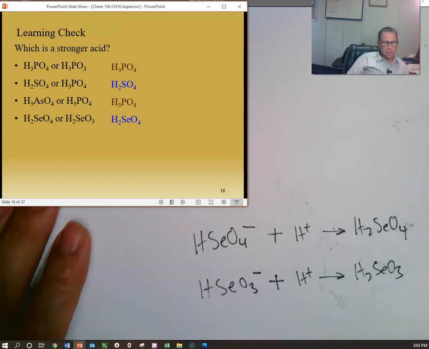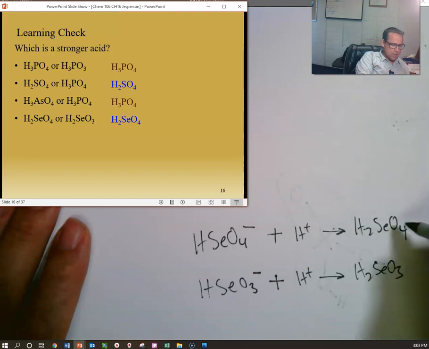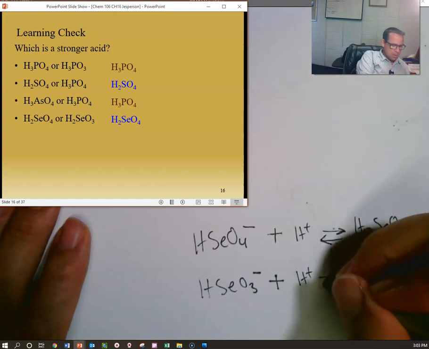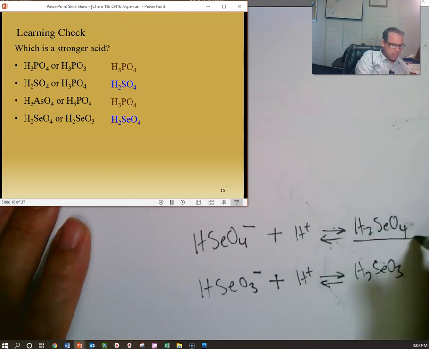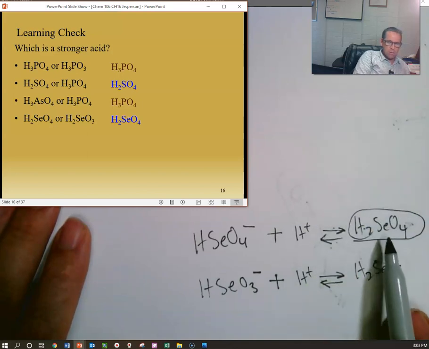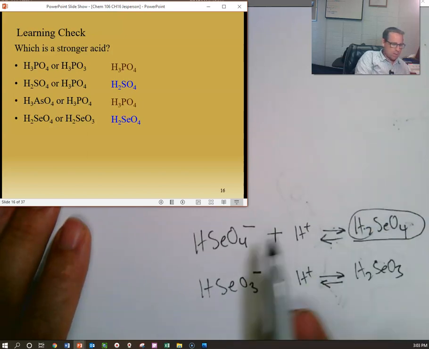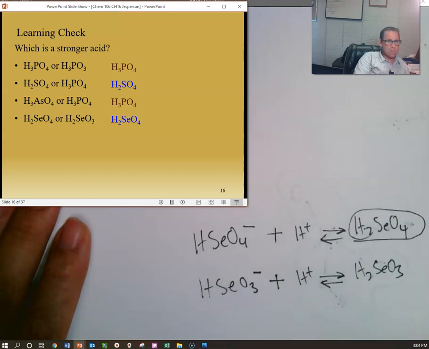If this thing is going to behave as a base, it's going to take a hydrogen and form H2SeO4. And we just said that going backwards here, this one would be our stronger acid, right? Stronger acid, that's what we set up here.